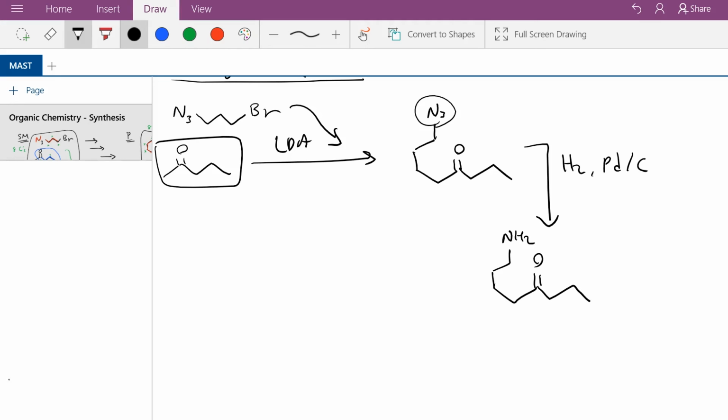And in order to make our imine using this NH2 and carbonyl group, we can add some catalytic acid. So a catalytic amount of, say, HCl will give you your imine.